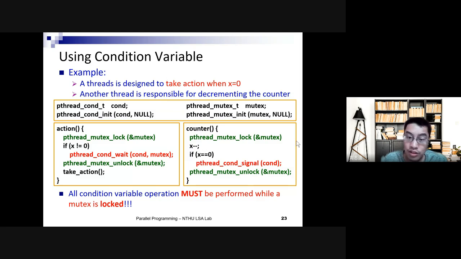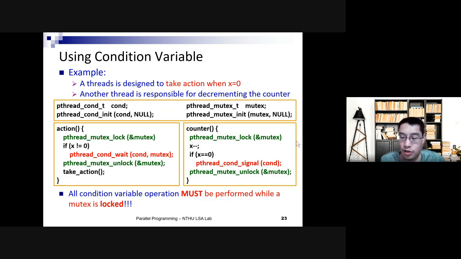And the thread can release the lock because it will be put to sleep afterwards. So even though it is still within the critical section, the thread is sleeping, which means another thread should be able to enter the critical section. So that's why after the conditional wait is called, the mutex lock will be released.